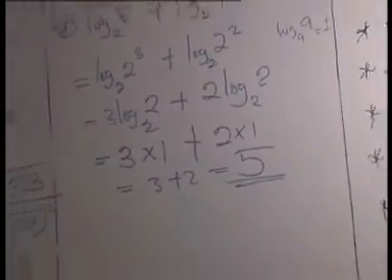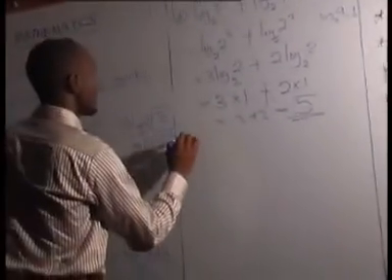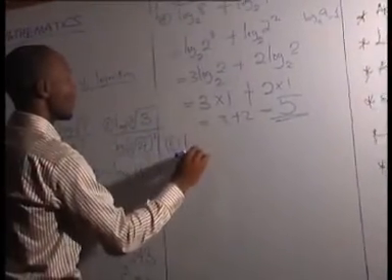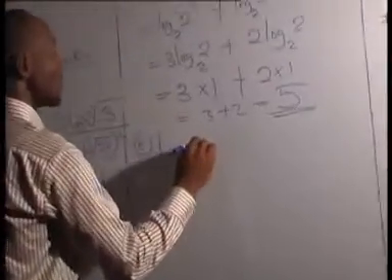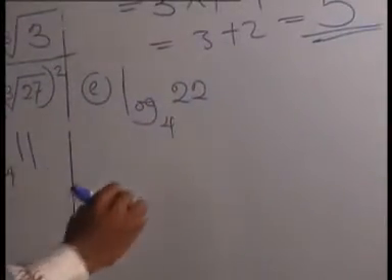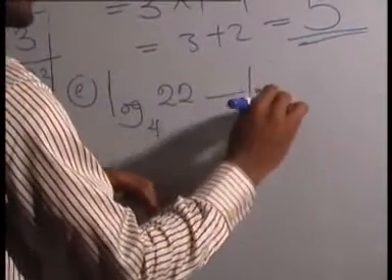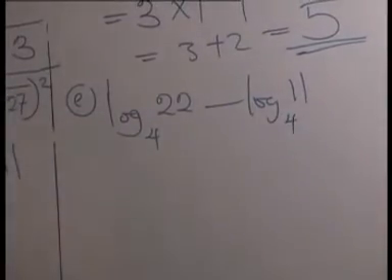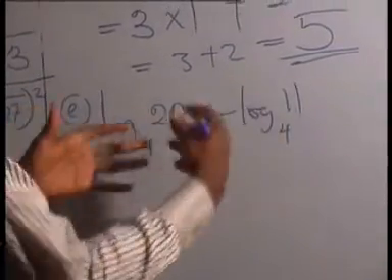So E. Let me pick E. 1E. We have log 22 to base 4 minus log 11 also to base 4. Can we combine it? Yes, let's combine it.